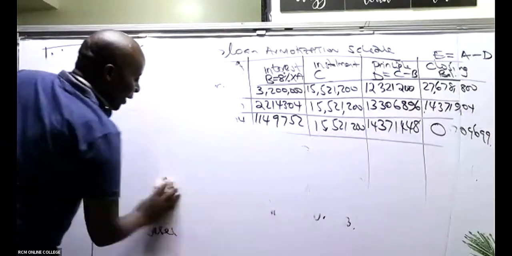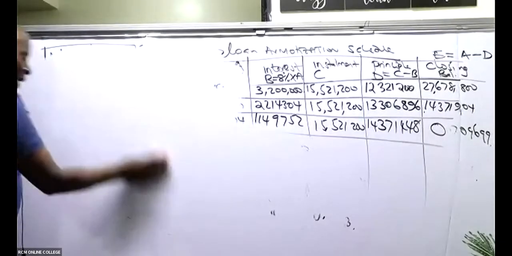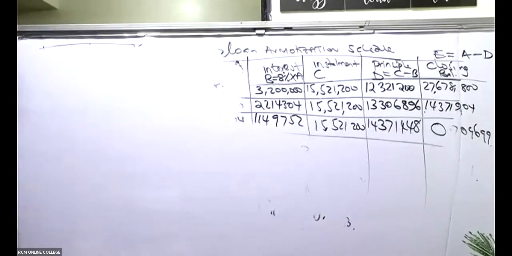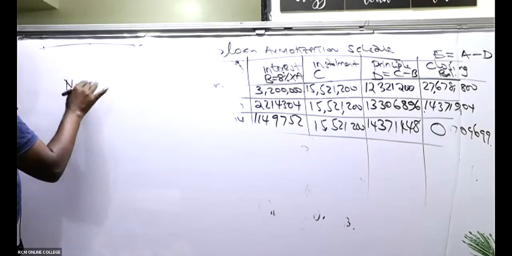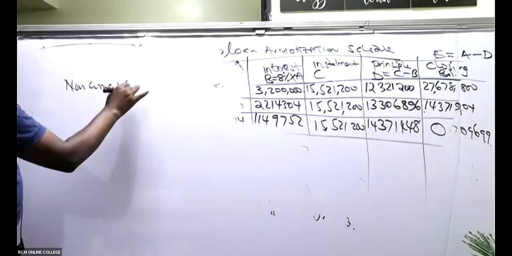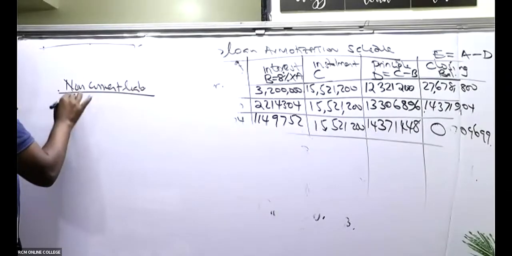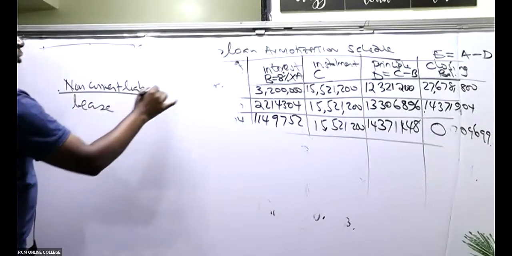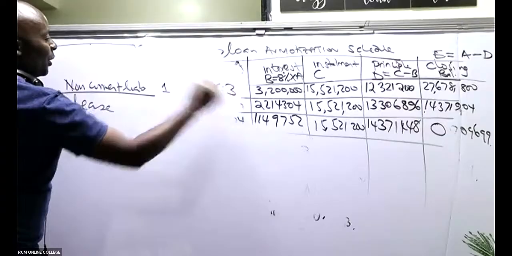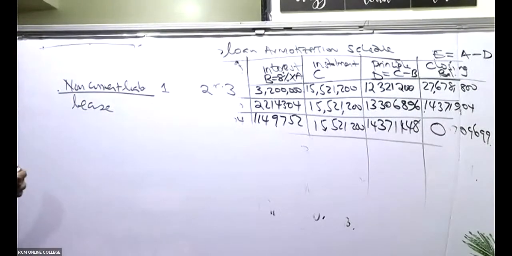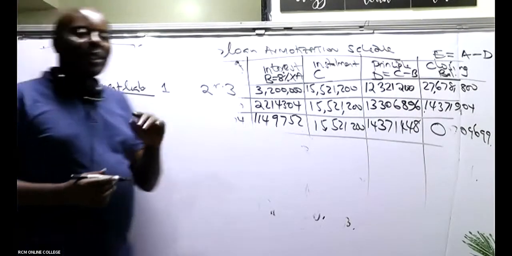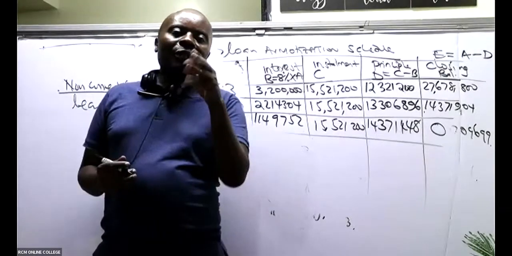And I'm only going to write the non-current liabilities and the current liabilities. So we have here non-current liabilities. So we start with lease. So we have here 1, 2, 3. So you see, non-current means what? That we are going to take more than a year to pay.